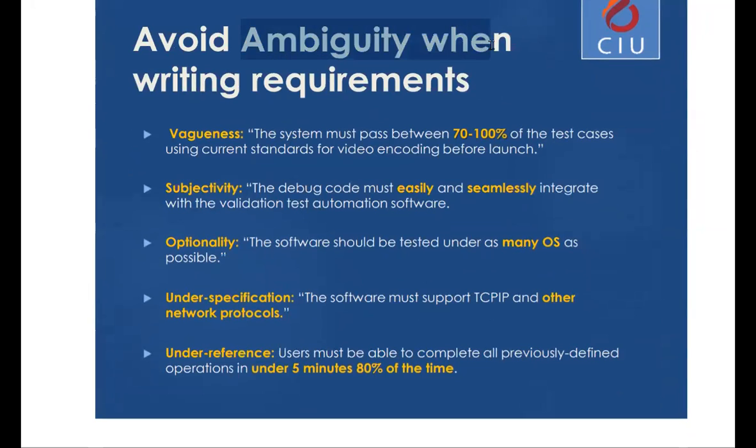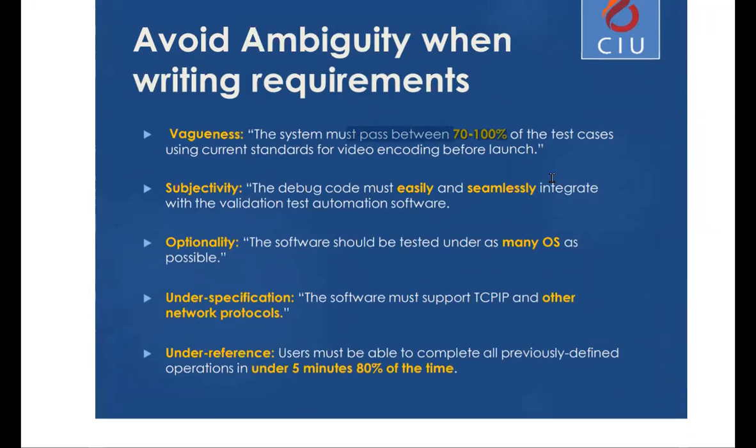So avoid ambiguity, such as when you say the system must pass between 70 to 100. This is a huge gap. There's a huge range here. Is it 70? Is it 100? There's a big difference in between.